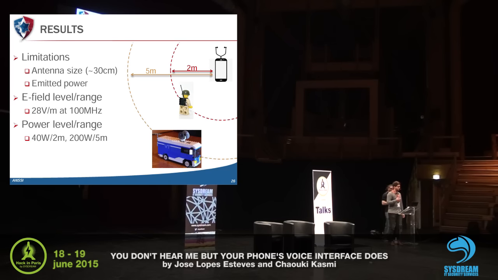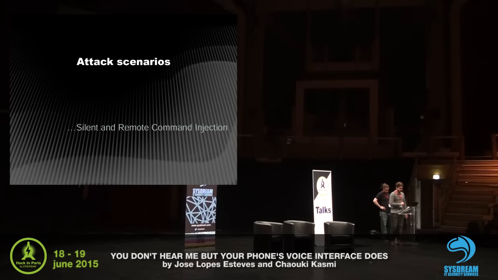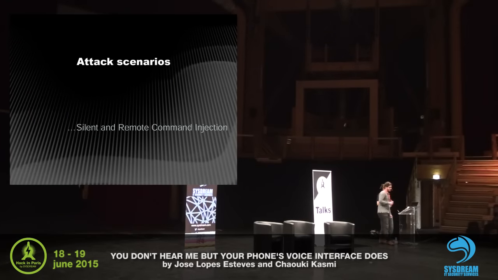So if you want to increase the distance between the source and the target, you need to use an amplifier. For 2 meters, we need 40 watts. Basically, you can put this kind of source in your backpack. And if you want to perform this kind of test from 5 meters, you need a 200 watt amplifier, which is huge. Then Jose will present some scenarios and attacks that we tested.